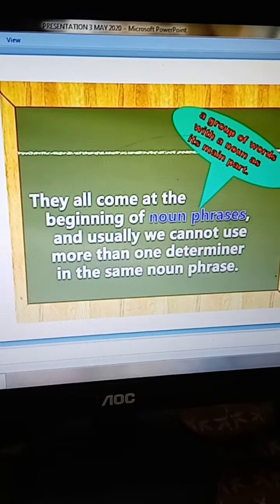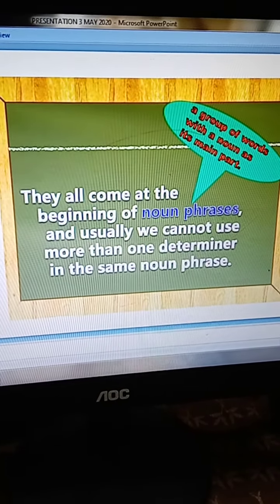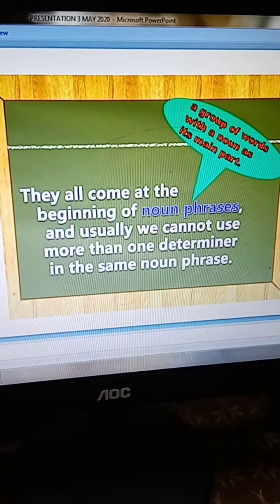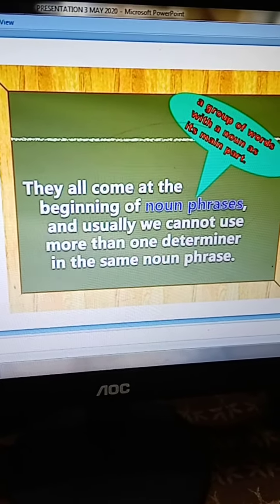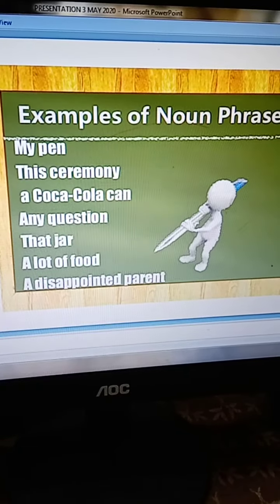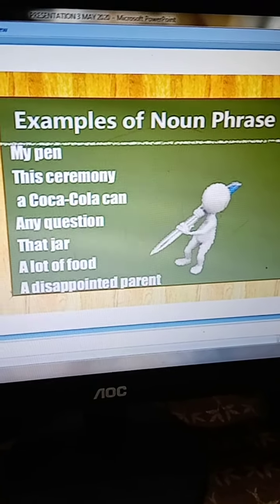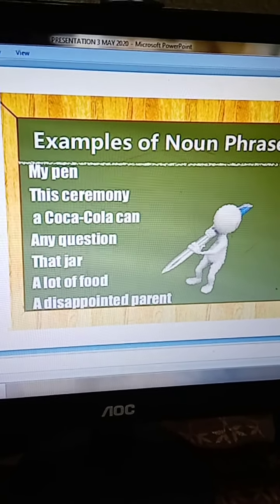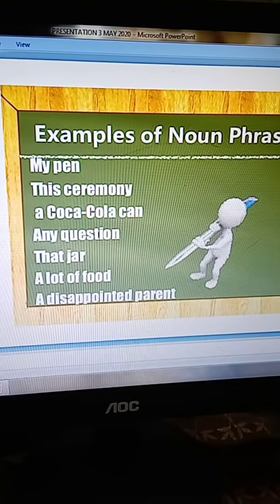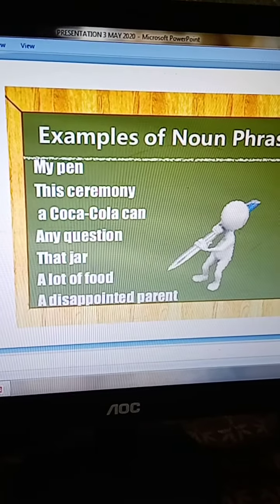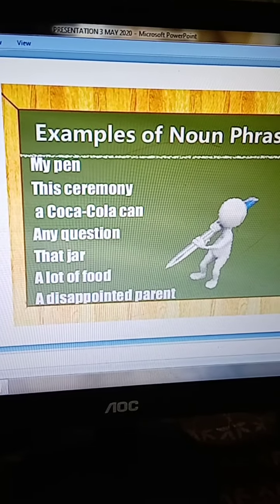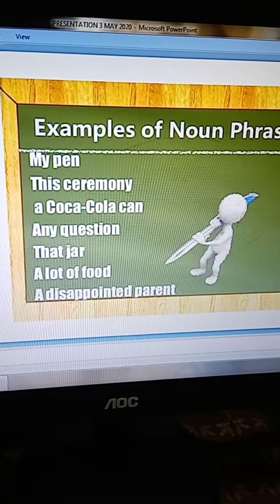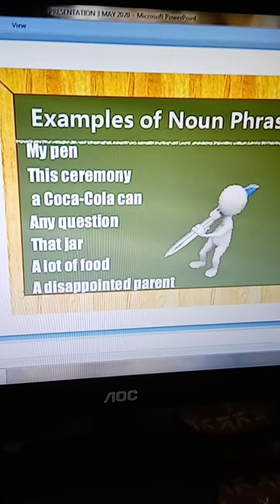What is a noun phrase? A group of words with a noun as its main part. You can see some examples: my pen, this ceremony, a Coca-Cola can, any question, that jar, a lot of food, a disappointed parent.